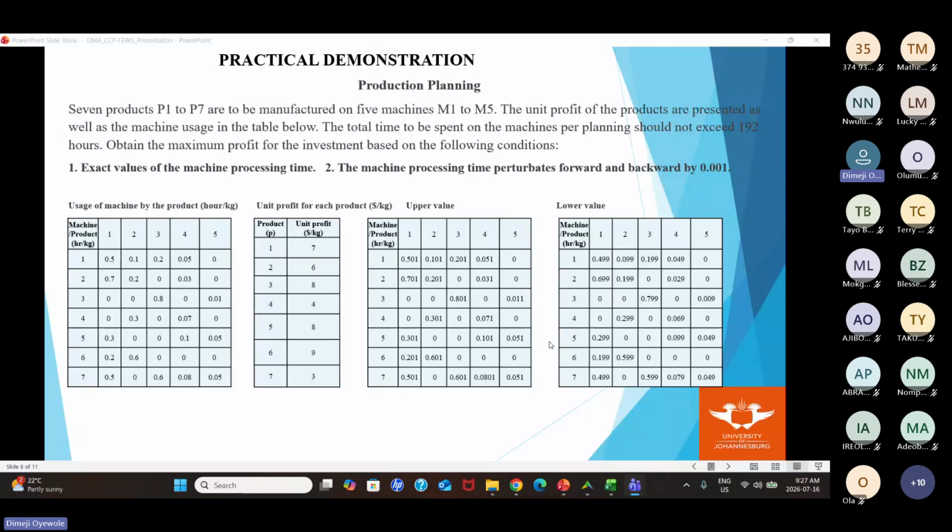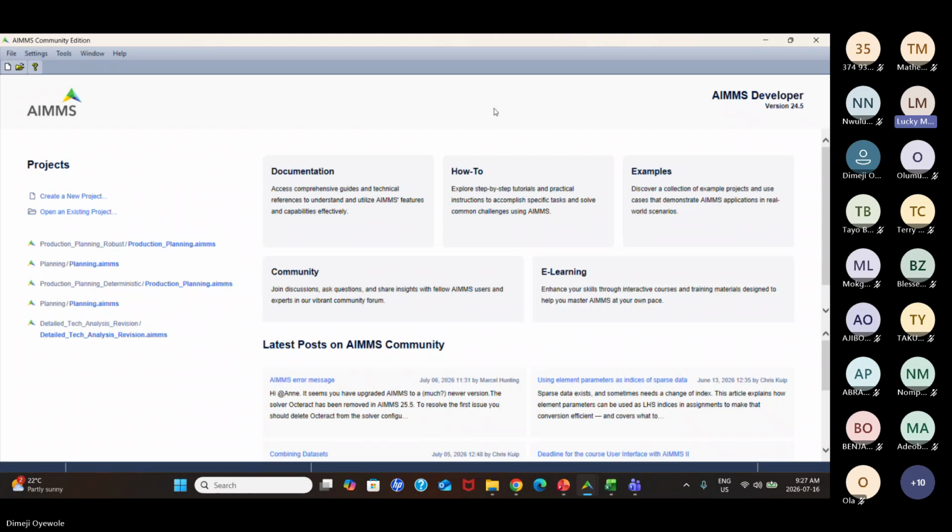Okay, can you see my screen? Yes. Okay, so we want to use AIMMS now to solve the model that we have, right? When you click on the AIMMS icon, this is what it brings out for you. Then you create a new project.